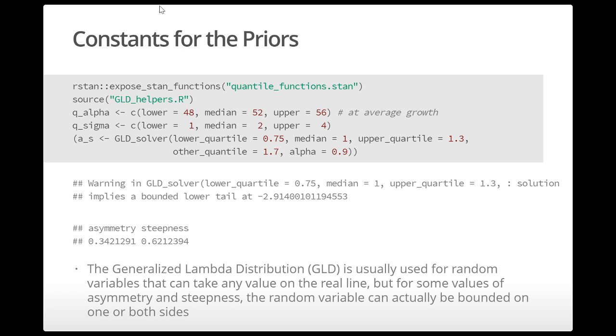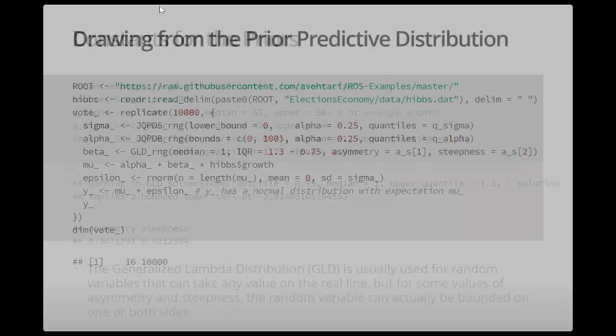It does go out to infinity in the positive direction, so that's maybe okay. So you'll get these warnings if your generalized lambda distribution actually turns out to be bounded on one or both sides. But anyway, these are the asymmetry and the steepness values that were consistent with the quartiles that I put in, in which case we're ready to go.